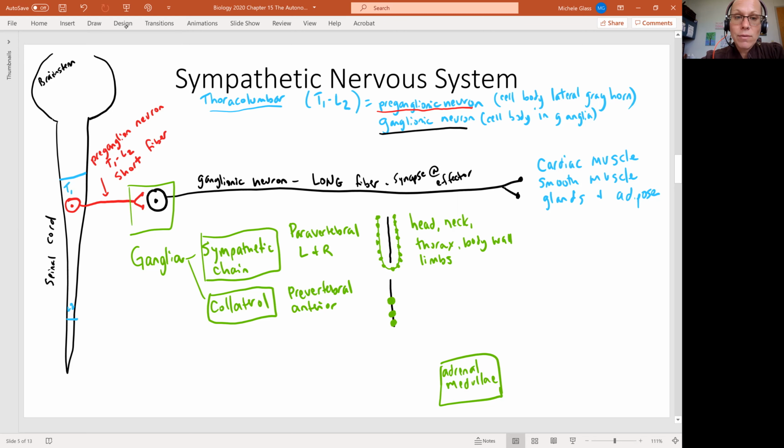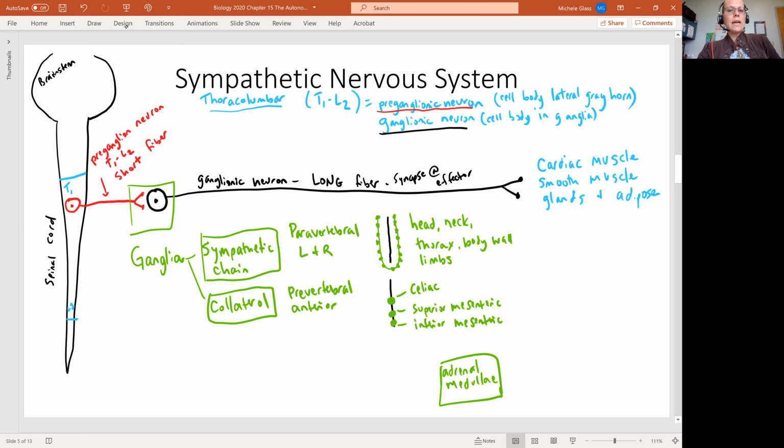We actually have 3 collections of ganglia that make up the collateral: the celiac, the superior mesenteric, and the inferior mesenteric.